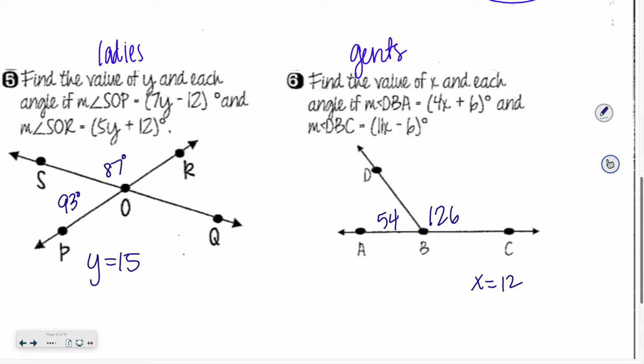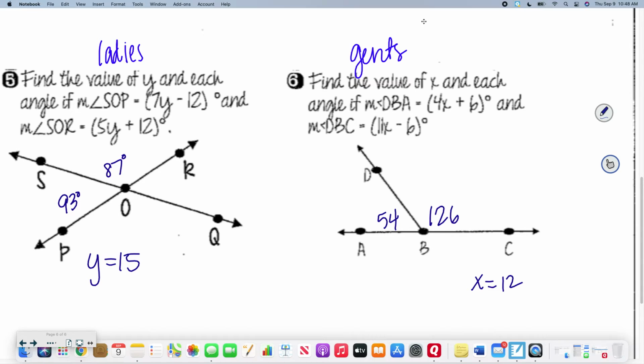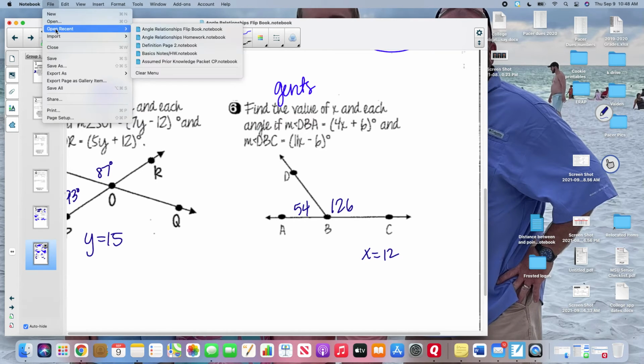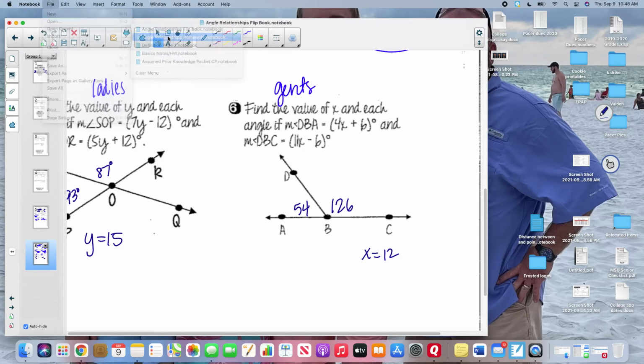All right, I want you to try to answer the first 3 on this sheet. It's not homework.